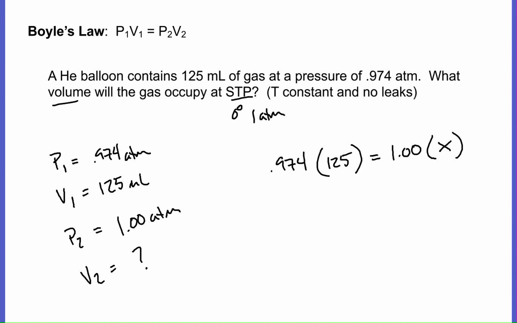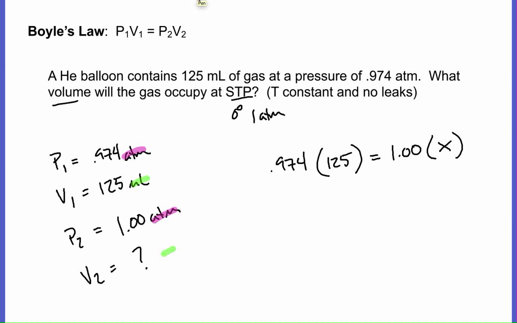Now I didn't put any labels in here because I know that I don't really need them right now. It just makes it sloppy. But one thing you have to make sure of: I picked this value for a reason because this needs to match this. So when it's all said and done, my volume answer has to have the same unit as the volume that I was given.